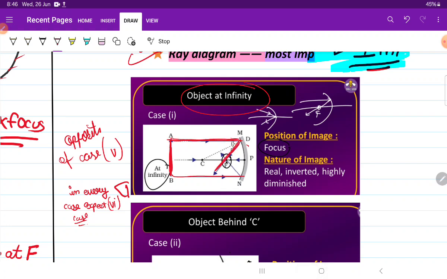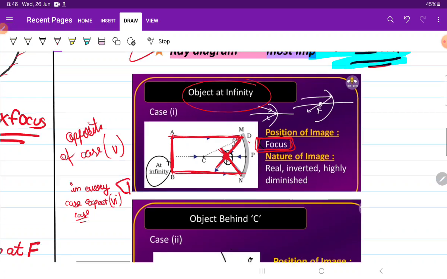We have studied this in the standard laws. This ray is also parallel to the principal axis, so it will also pass through the focus. Then our image is at the focus.